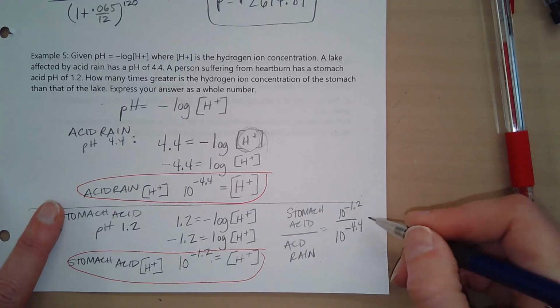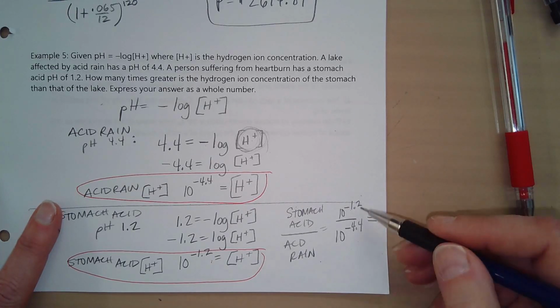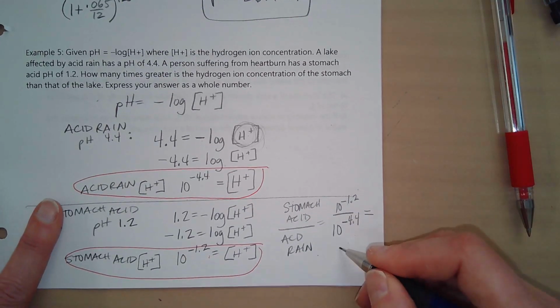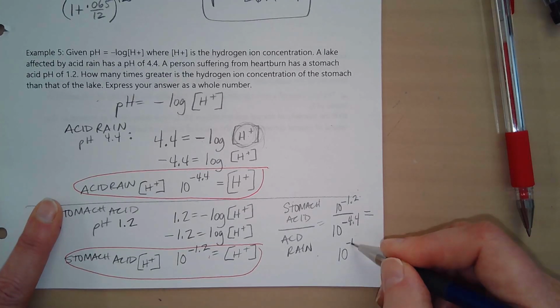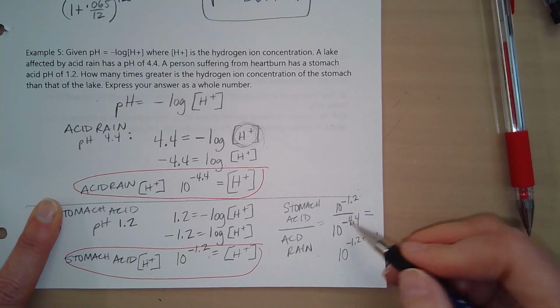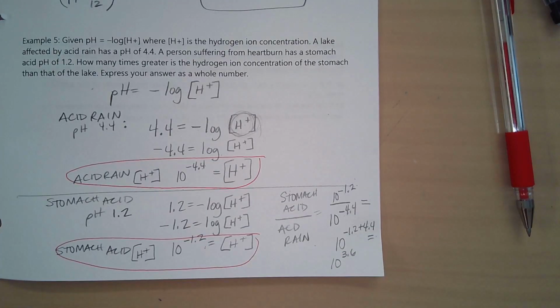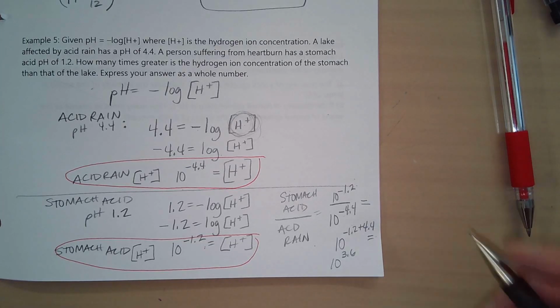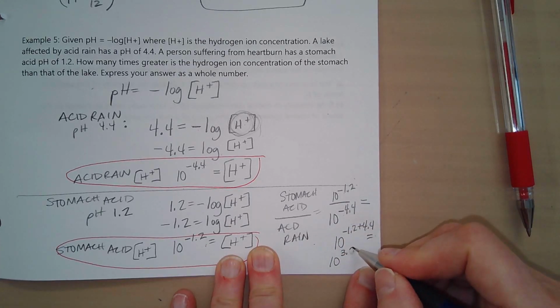Let's see, what would you do here now? Yeah, I've got the same base, so if I can combine them, right, what would that be? 10 to the negative 1.2 plus 4.4, right? Subtracting, so that would be 10 to the 3.6. Agreed? I think. Okay, or sorry, 3.2. But they want it as a whole number, right?